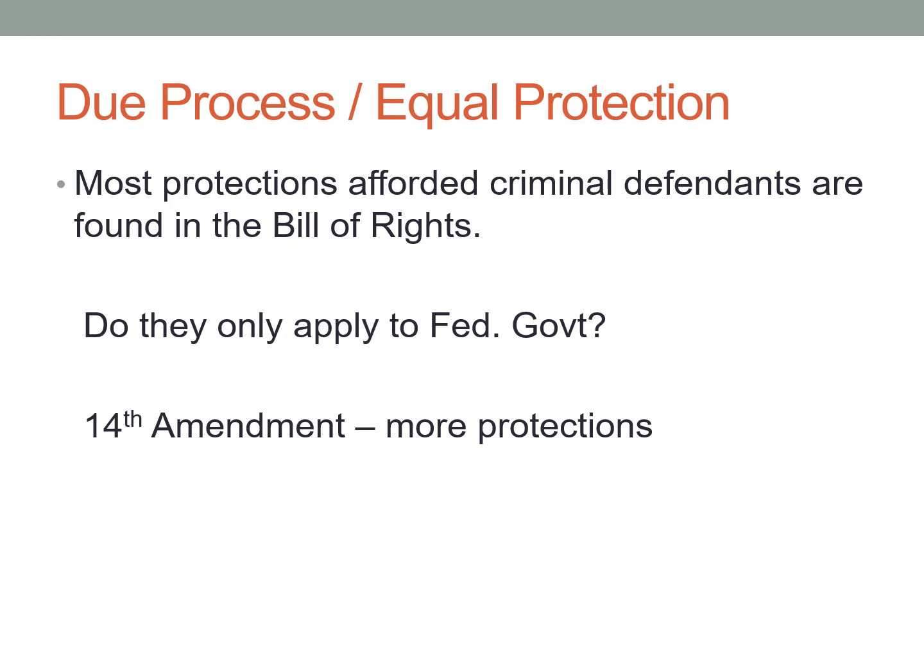So it doesn't only apply to the federal government, those Bill of Rights and those protections. Under the 14th Amendment, it applies to states and local governments as well. So we are going to start talking about constitutional protections for the accused and going through the amendments.